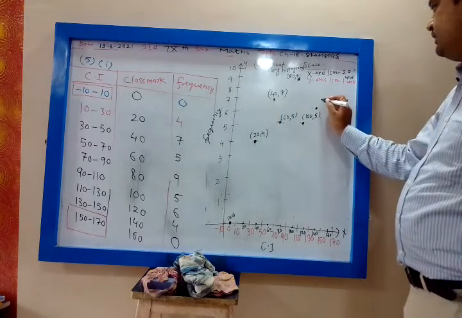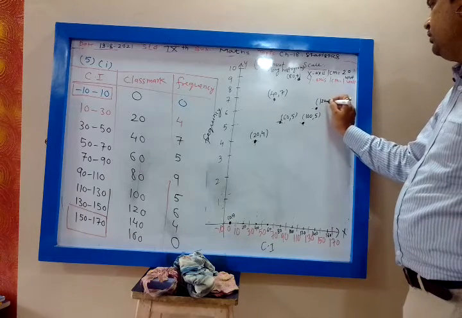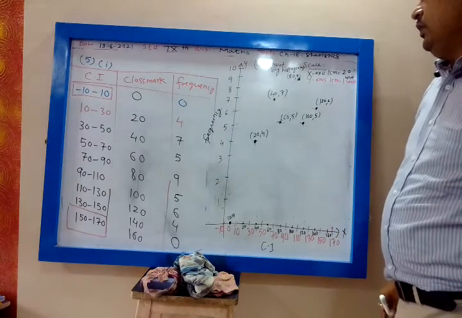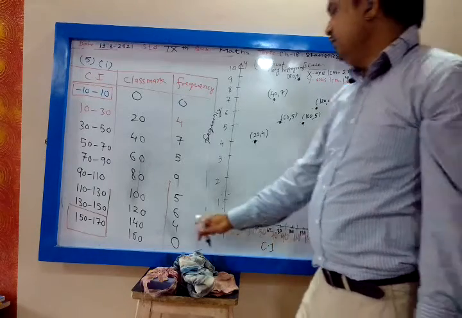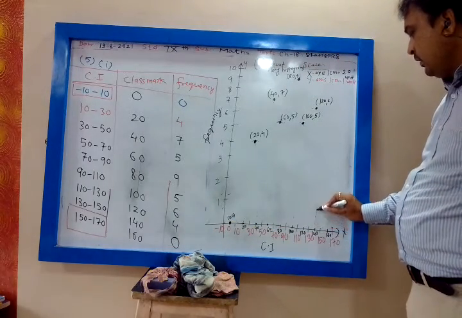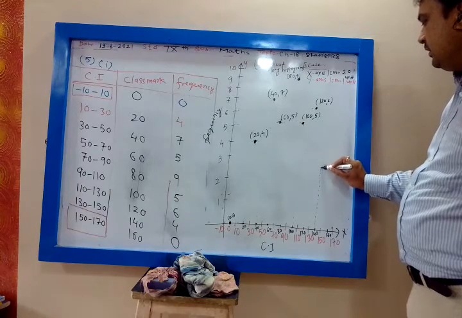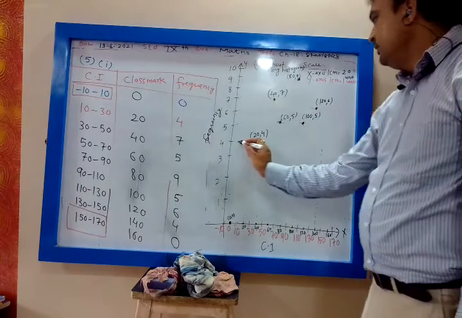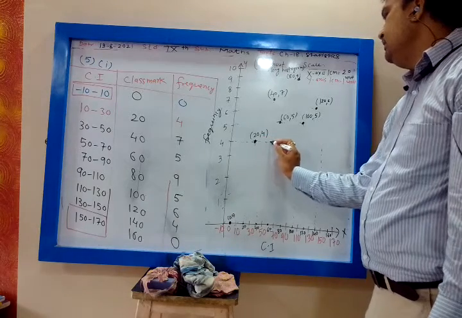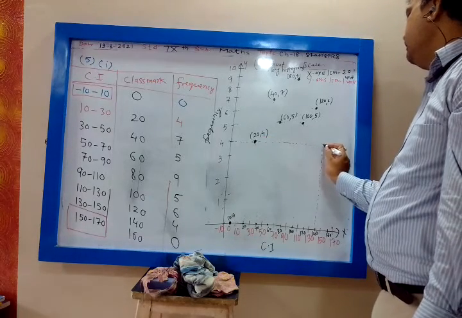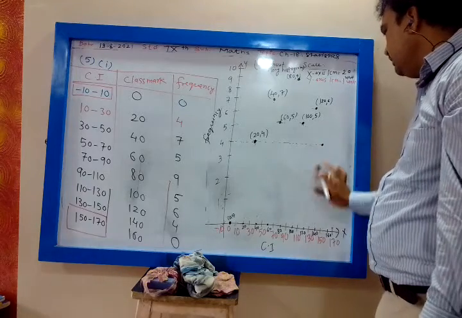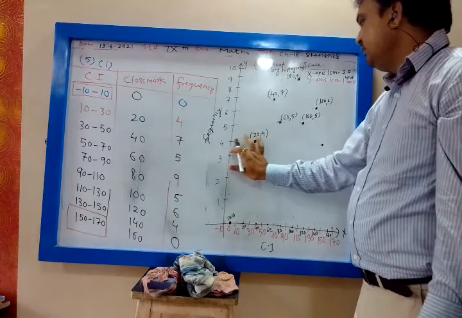Next, 140 comma 4. Draw the dotted vertical line, and this is 4. So this point and this point should be at the same level. Okay, so this is my point 140 comma 4. Erase the dotted line.